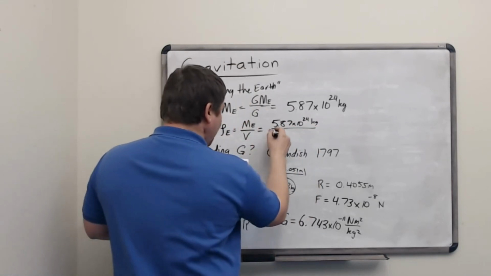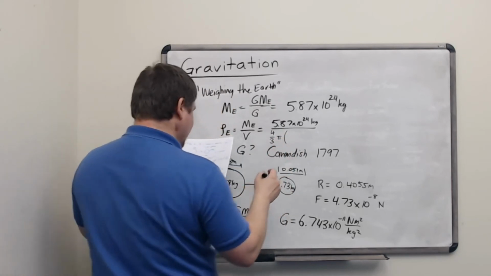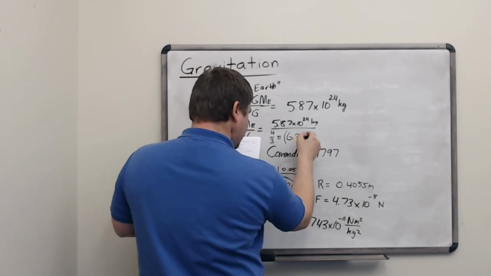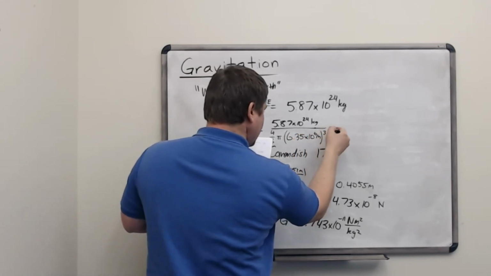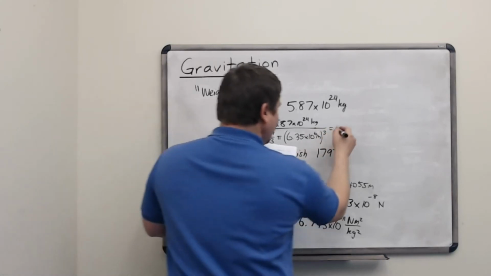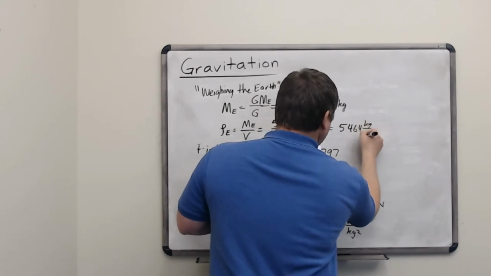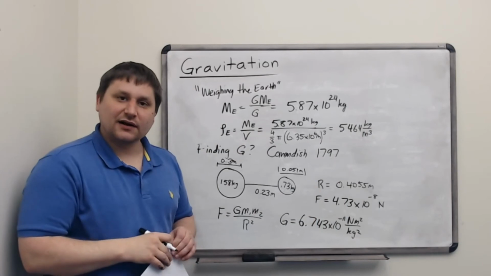Mass on the top, and the formula for the volume of a sphere on the bottom, 4/3 pi r cubed. This calculation yields a value of 5,464 kilograms per cubic meter. And this is a very interesting result.